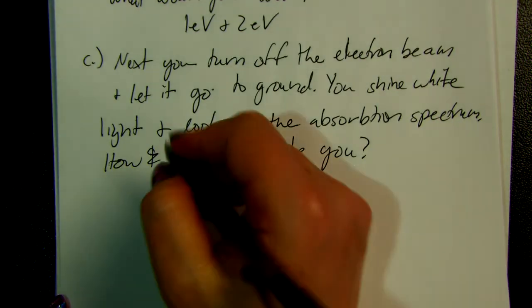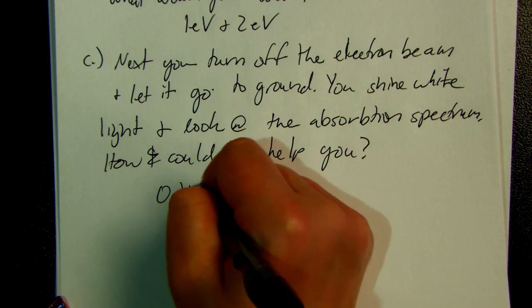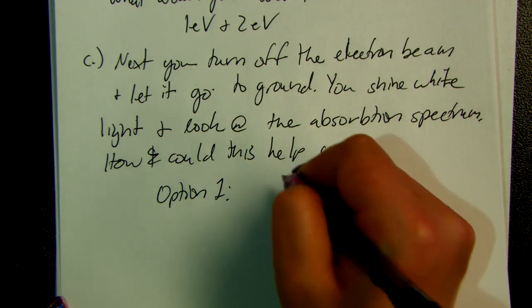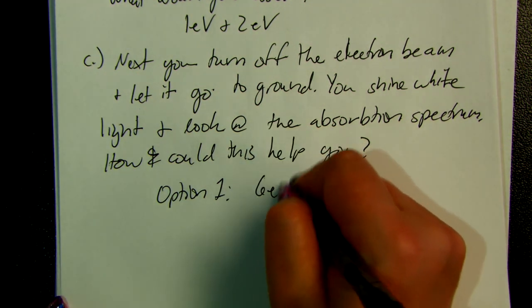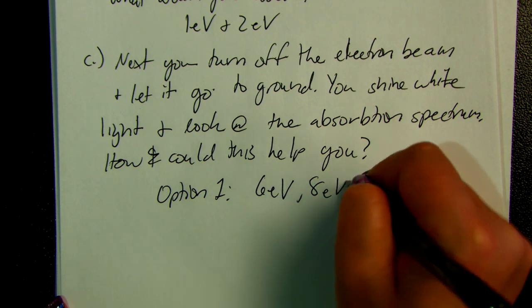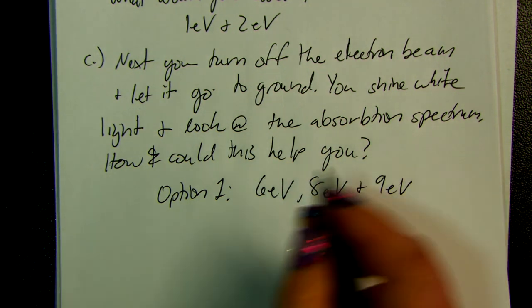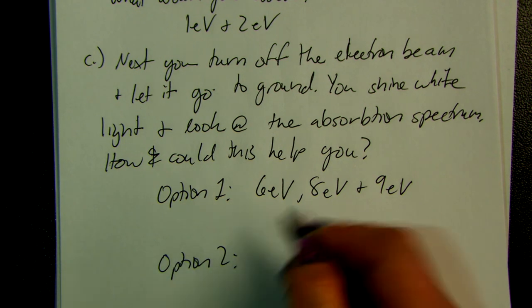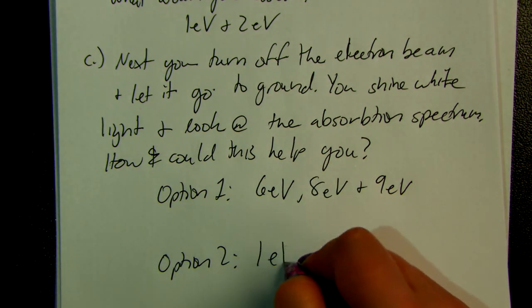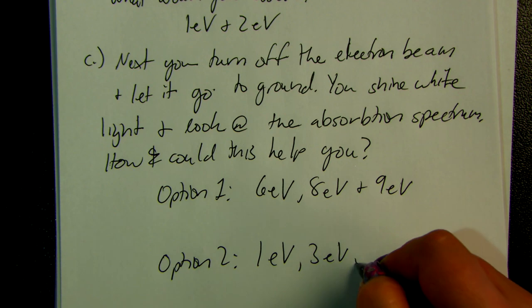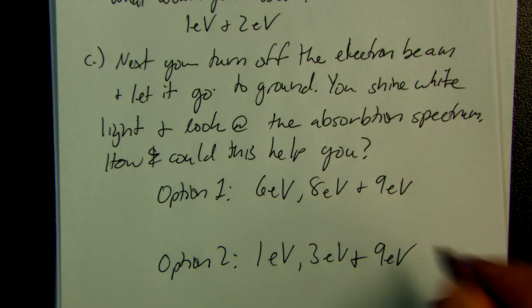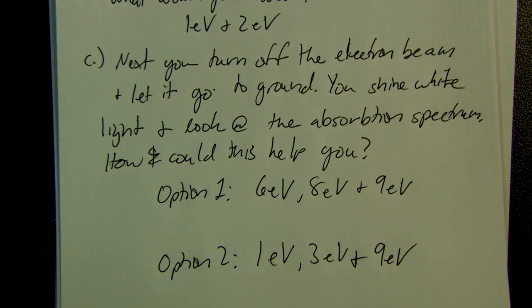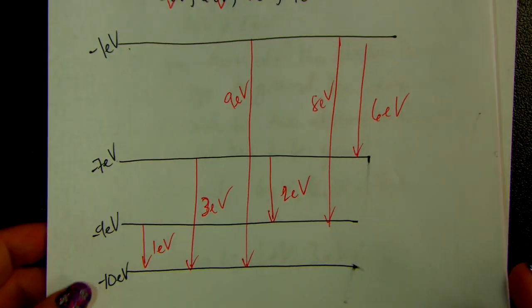So let's think about this. So the first option, option 1, you would see 6 eV, 8 eV, and 9 eV. And for option 2, you would see 1 eV, 3 eV, and 9 eV. So now you're seeing which ones get absorbed.